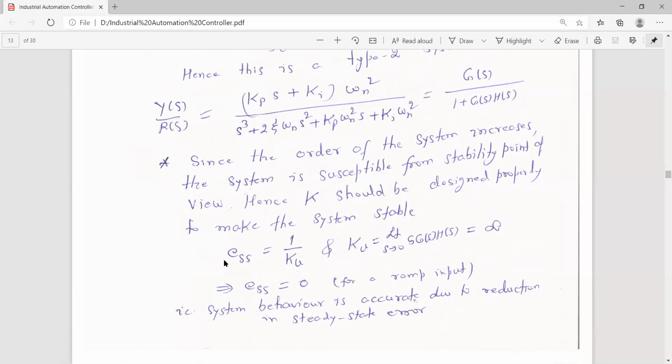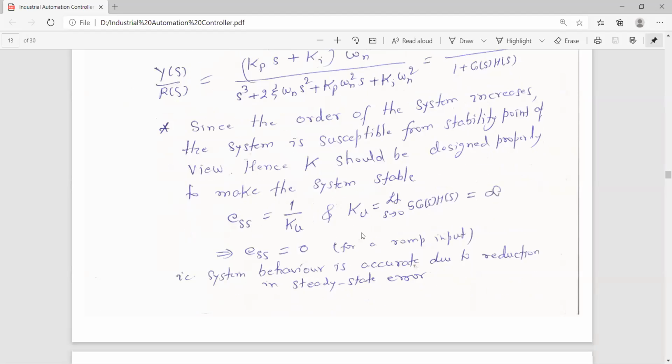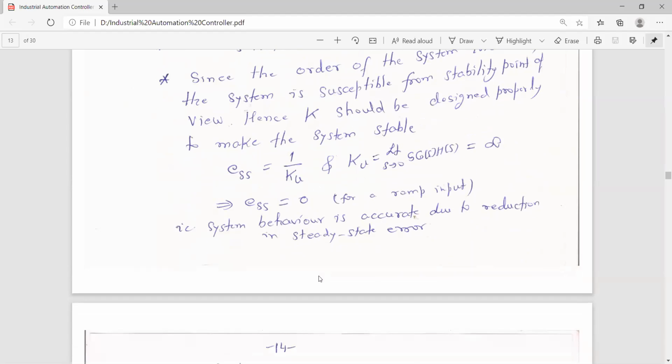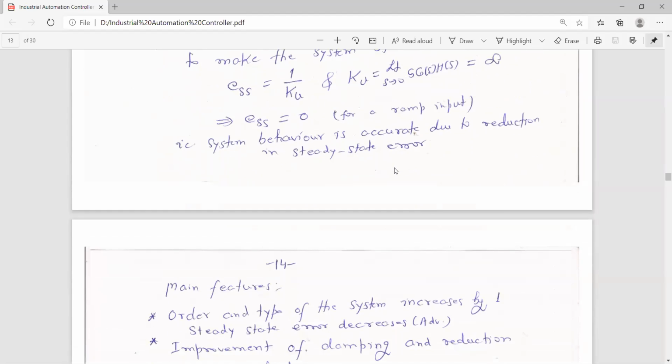If you consider the steady state error for a ramp input here, it is 1 by Kv, where Kv is equal to limit s tends to 0 of s into G(s)H(s), and that becomes infinity. So the steady state error is going to become 0. This means that if we apply a ramp input, the steady state error will become 0, so the system behavior becomes accurate due to the reduction in steady state error.